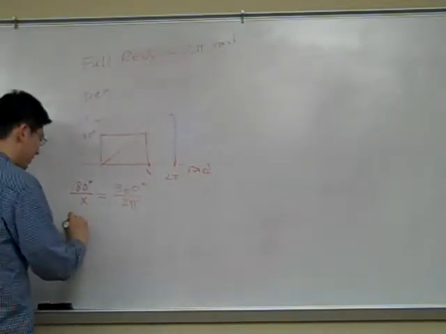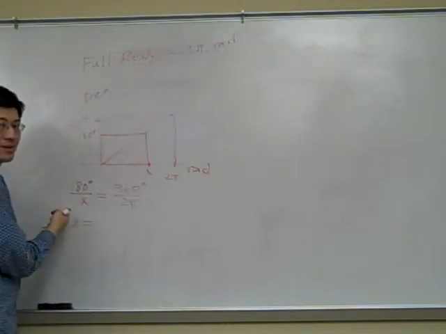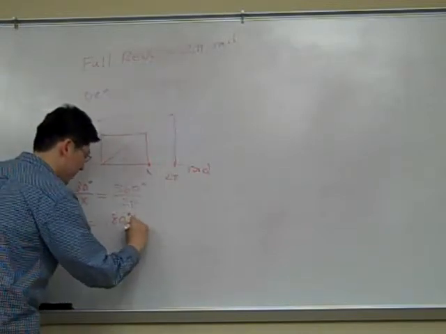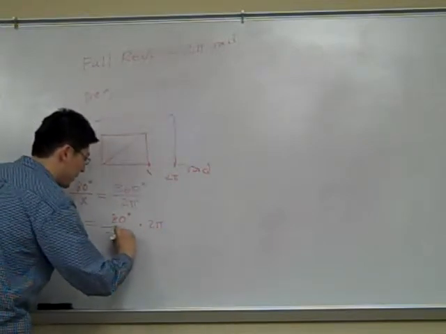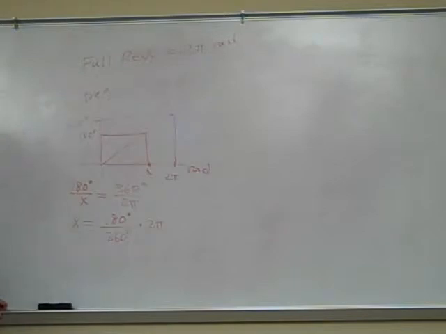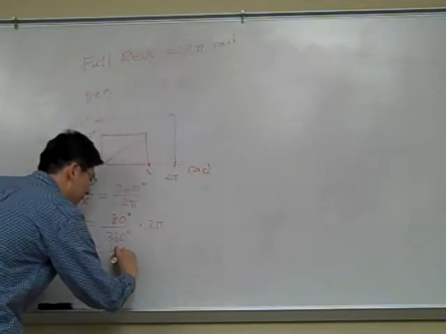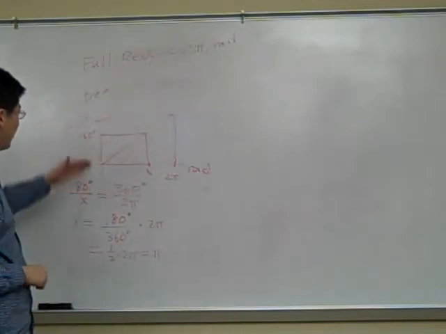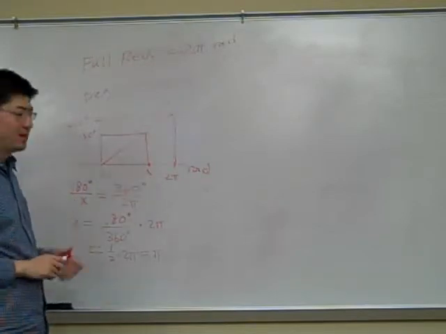So if we solve this for x, move x to the other side, multiply by 2 pi, and divide by 360, we get 180 degrees times 2 pi, divided by 360 degrees, right? And 180 is exactly half of 360 degrees, so it'll be 1/2 times 2 pi, which is going to be pi. So that means 180 degrees is going to be exactly equal to pi radians.